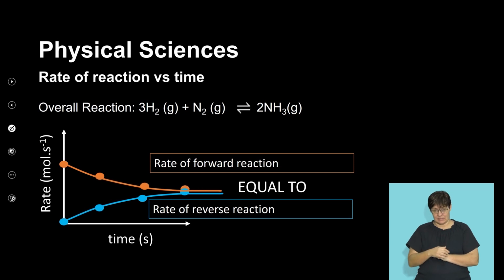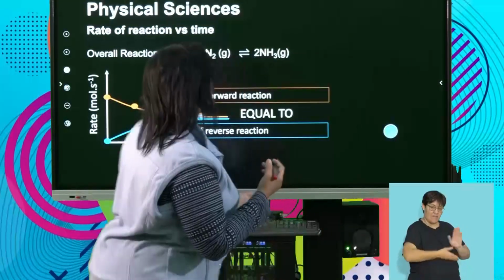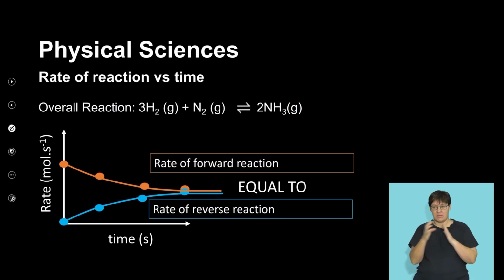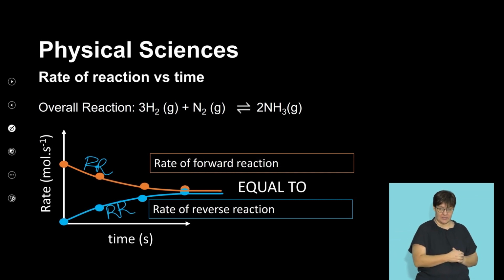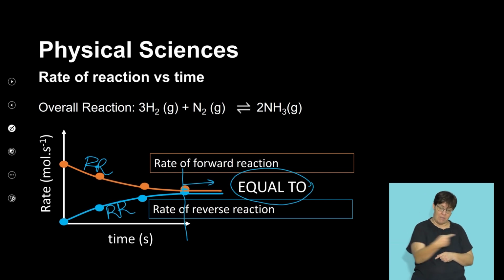So when we look at the overall reaction of the rate of the forward reaction and the rate of the reverse reaction, we can put it into a graph where the orange part will be our forward reaction and the reverse reaction is the blue graph, where we can see from this point onward, the rate of the forward reaction is equal to the rate of the reverse reaction.